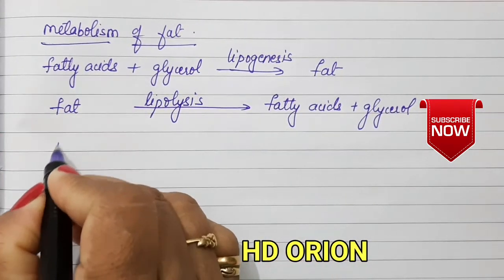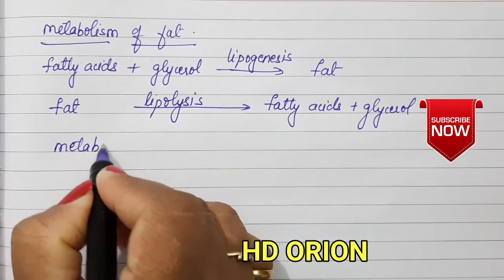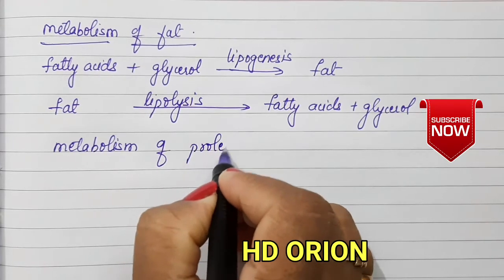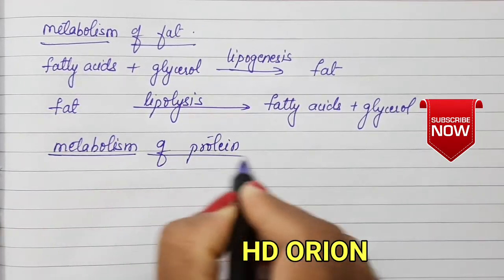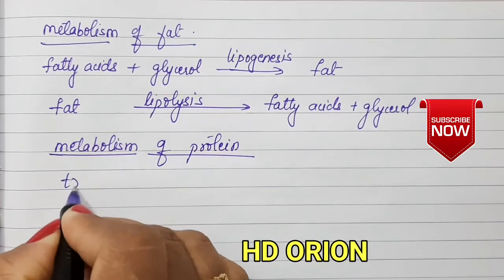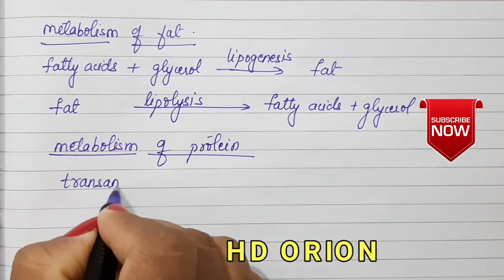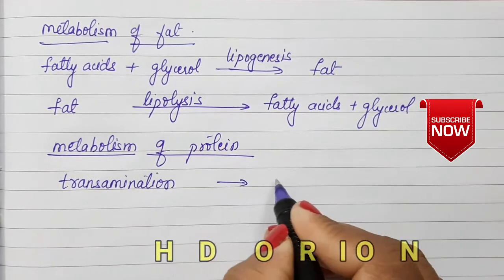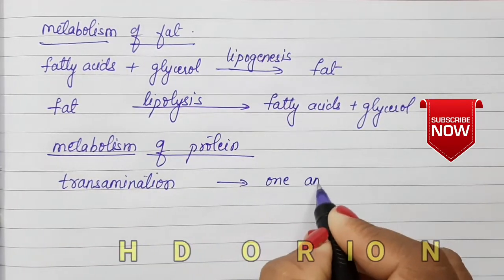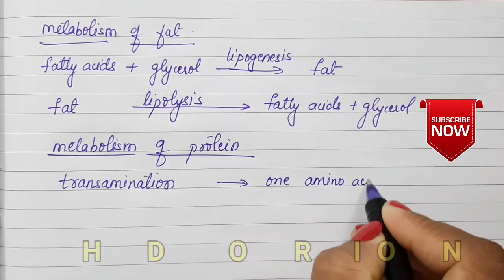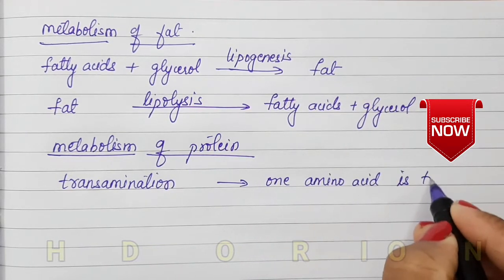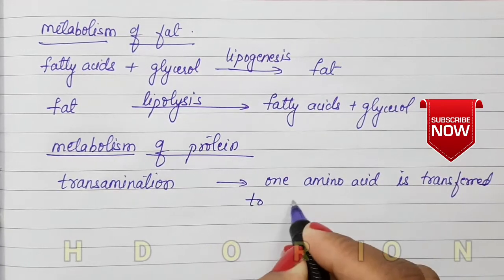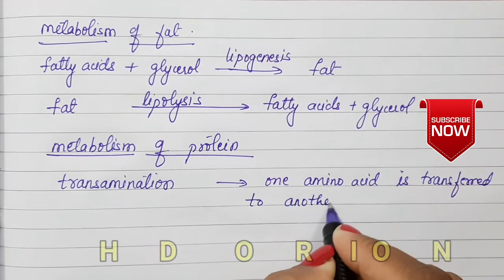Now let us see the metabolism of protein. In metabolism of protein, there is transamination. Transamination is the process in which one amino acid is transferred to another protein.